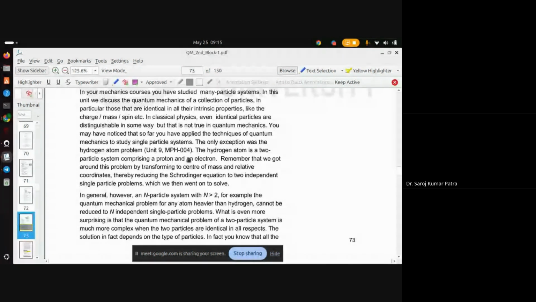But when you go outside India, looking at our skin color and face shape, others can judge, okay, these are Indians. Similarly, if we look at a bunch of particles, can we distinguish them, or do all of them look the same to us? That is the fundamental question.